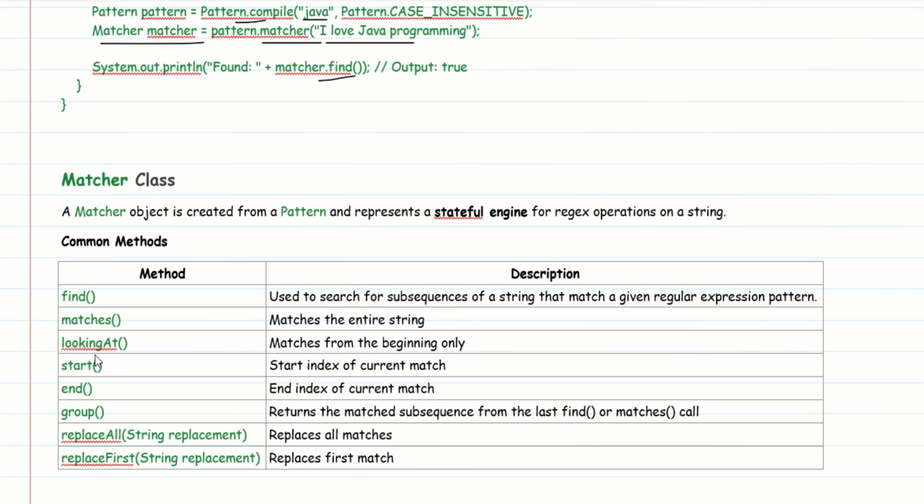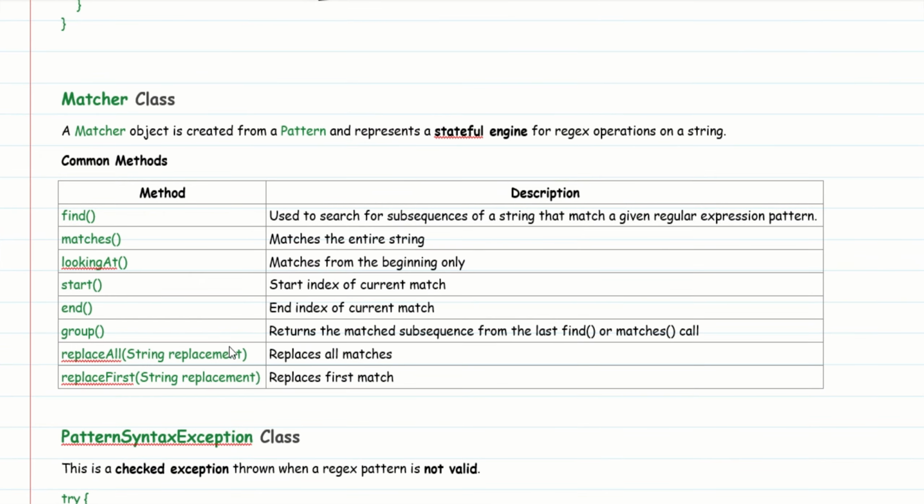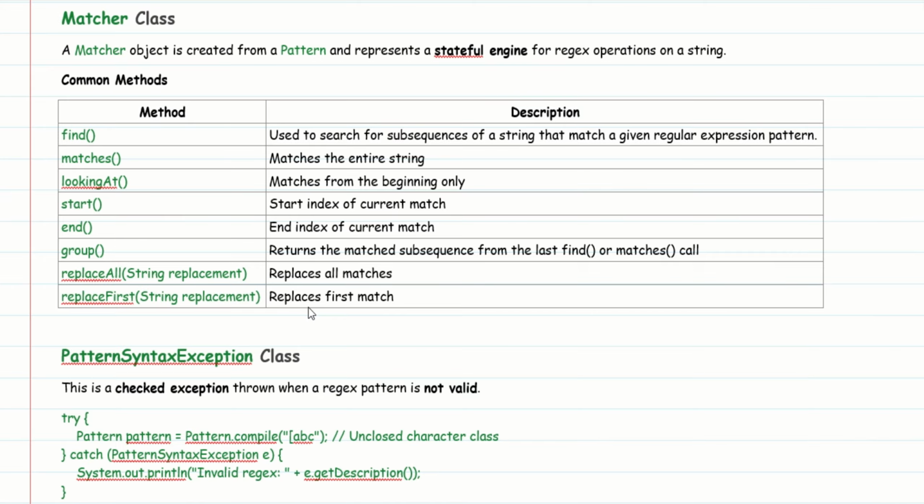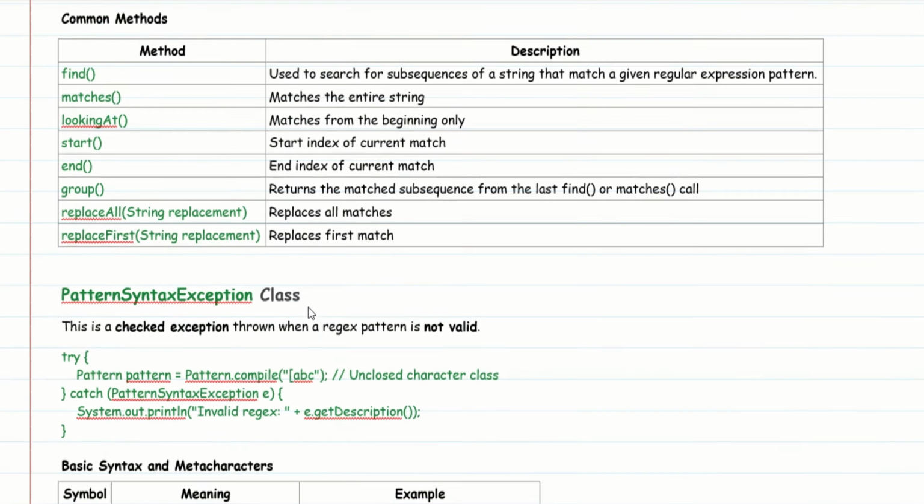Then we have lookingAt, which matches from the beginning only, then start and end, which provide the start index and end index of the current match. Then we have group, which returns the matched subsequence from the last find or matches call. Then replaceAll replaces all the matches, and replaceFirst replaces the first match.